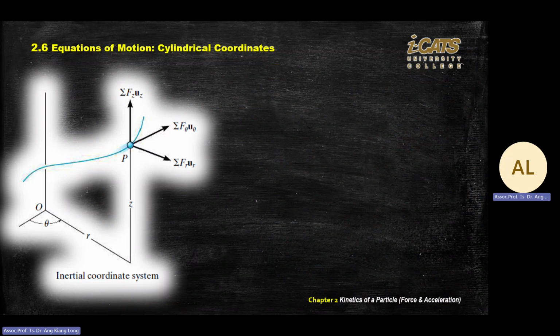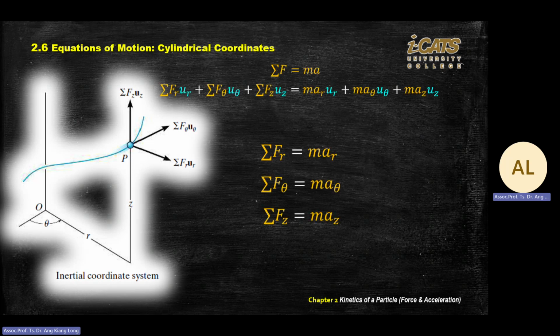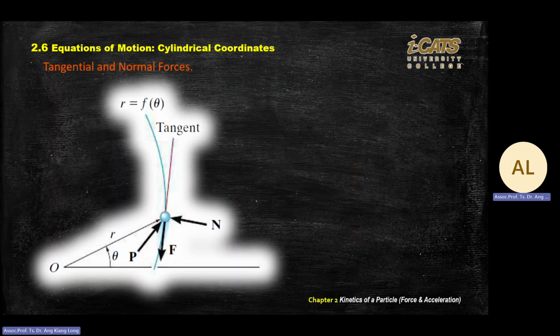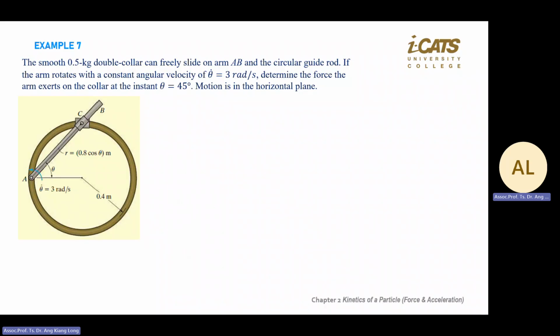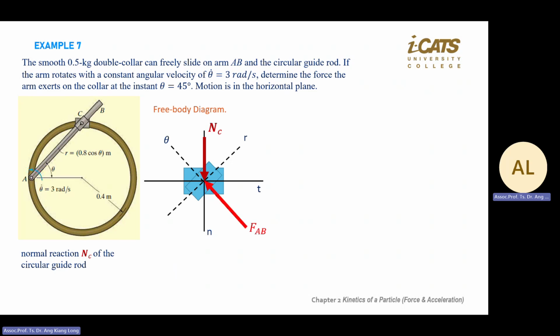Okay, cylindrical coordinate is also the same, but now you are in the r and theta direction. Still F equal to ma, but in the r, theta, and z direction. It's still the same, just change the axis. This one I skip. Okay, this one, try to observe. The steps are always the same. Free body diagram. Axis. You need to focus on what the question actually asks you to solve.